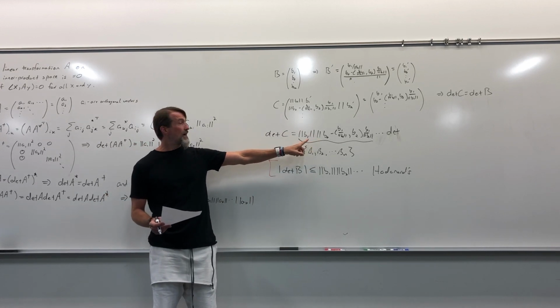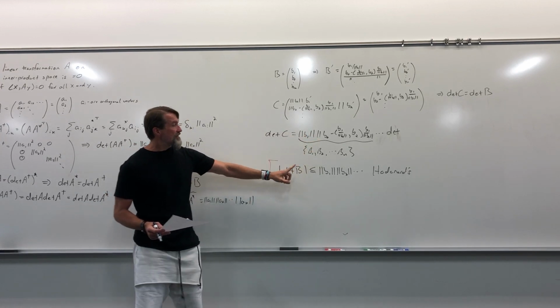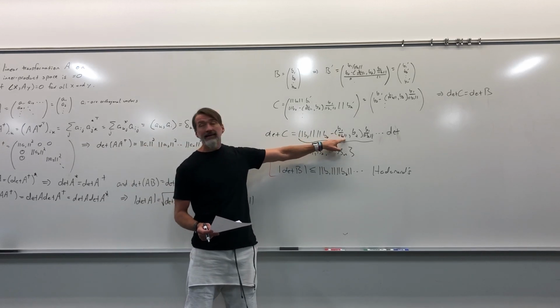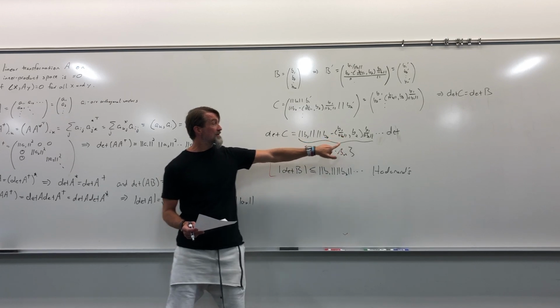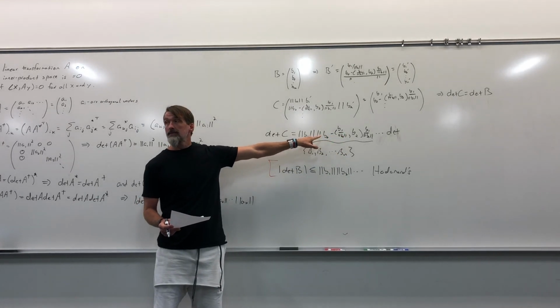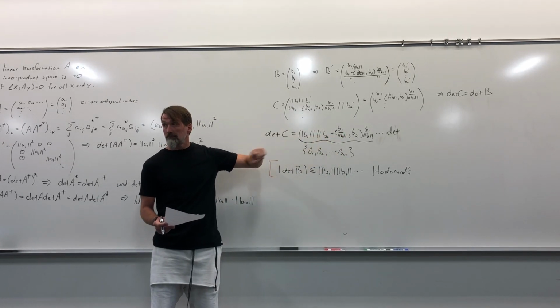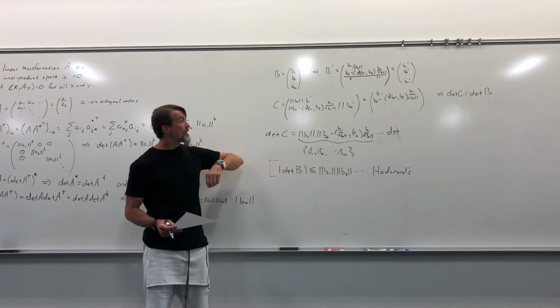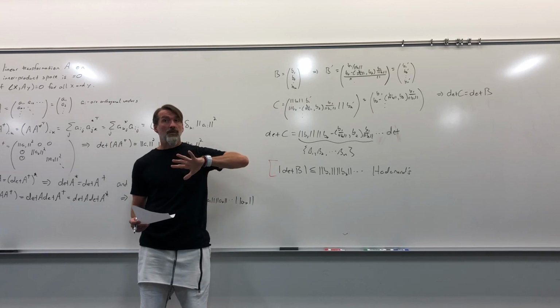Exactly, okay? So det C is taking this guy, and then it's taking this guy, but it's subtracting something from it. So beta 2 is definitely less than the magnitude of B2. Does that make sense? Okay. All right, any questions about this?